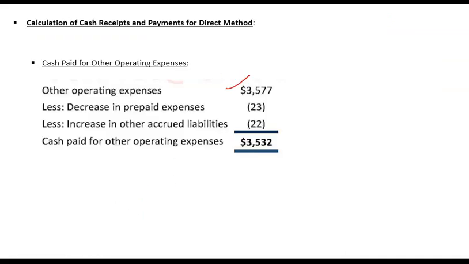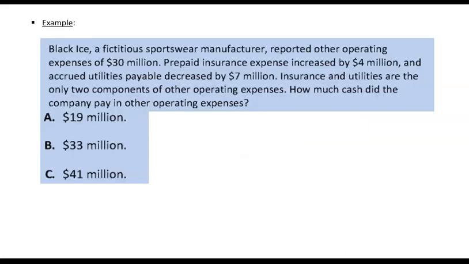So simply speaking, other operating expenses, less decrease in prepaid expense, or in other words add increase in current asset, then less increase in current liabilities, should give you the cash paid for operating expenses. So again, a question for you, please do it.